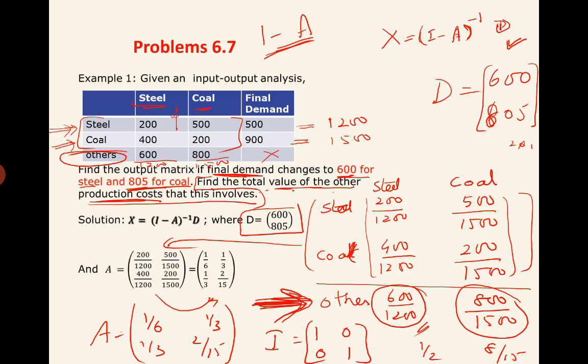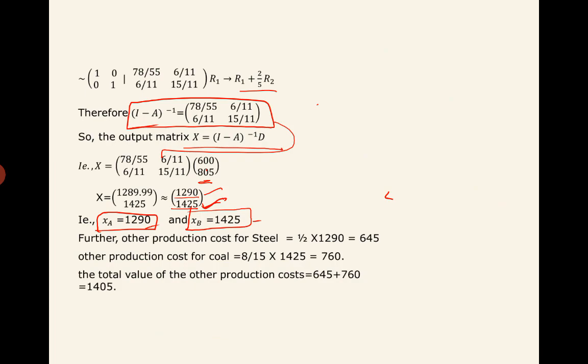So take these two values and come here with the final output. XA, 1290 multiplied with its ratio, you will get 645. This is the other production cost for steel.